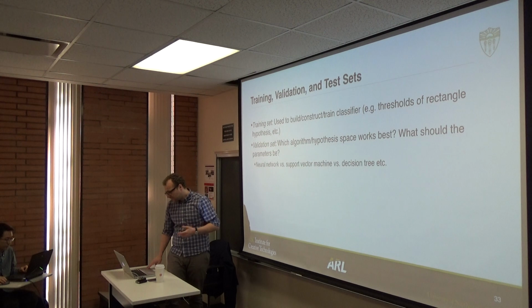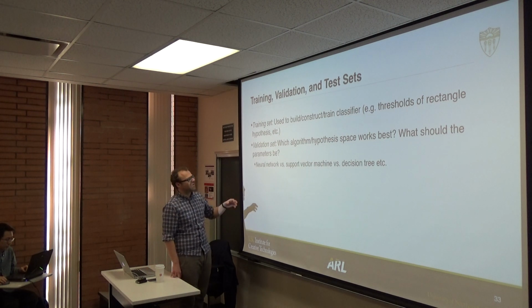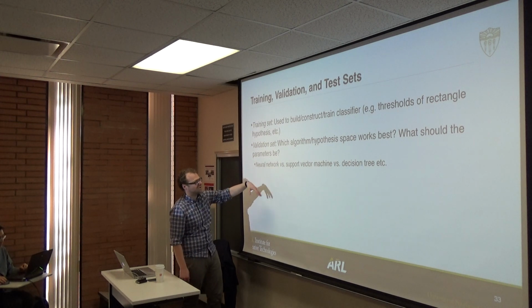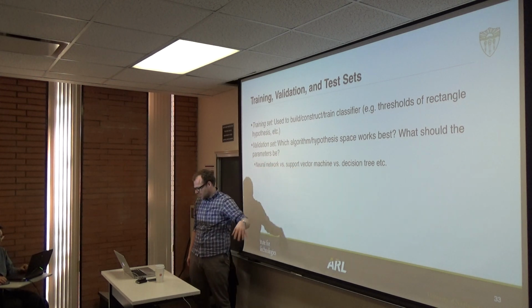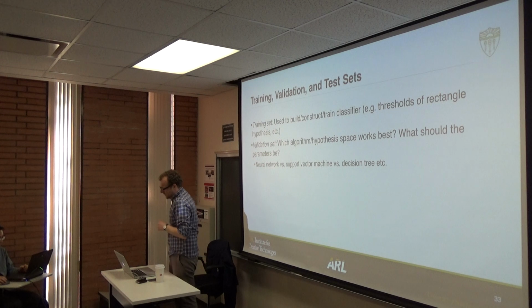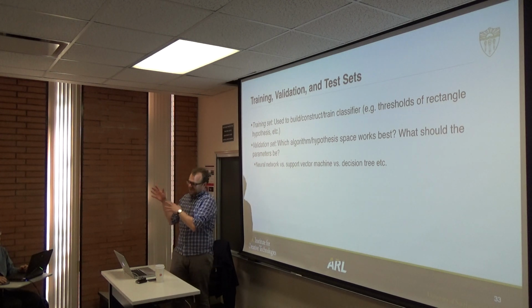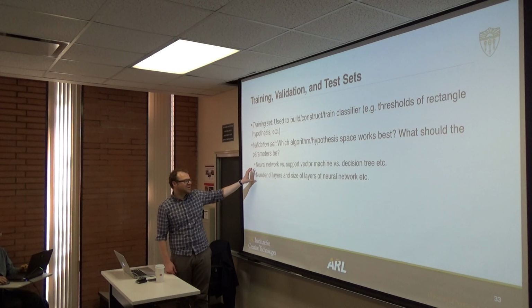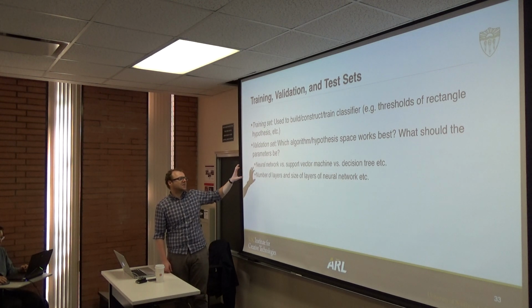You would first choose your hypothesis space: neural networks, support vector machines, decision trees, etc. And we're going to talk about all of these. But that's choosing the hypothesis space. The second one is finding out which are the optimal hyperparameters.